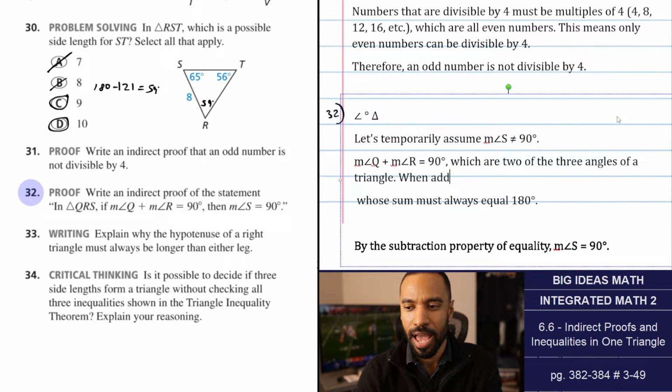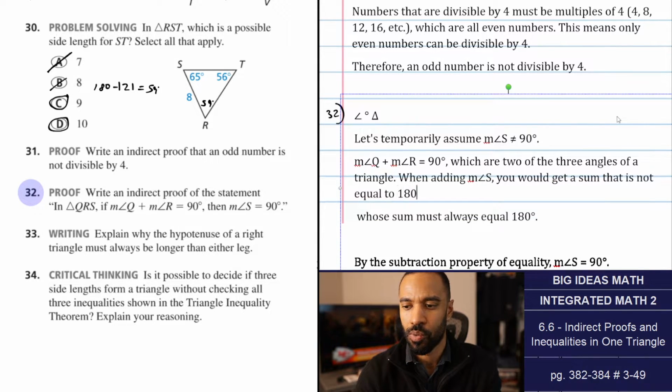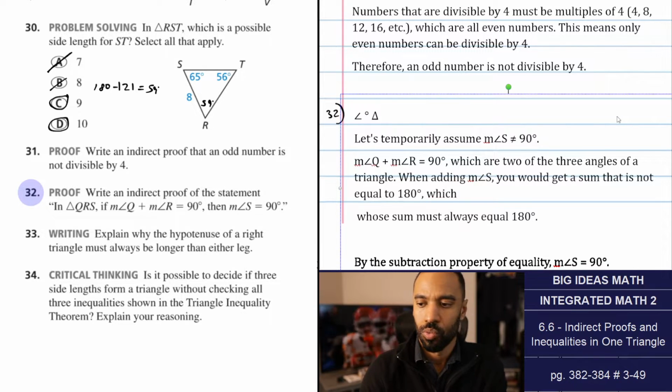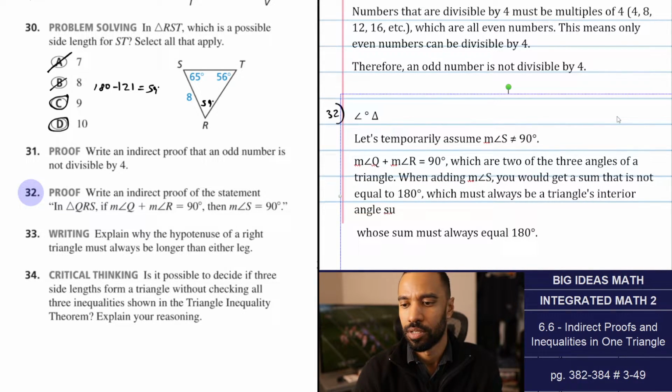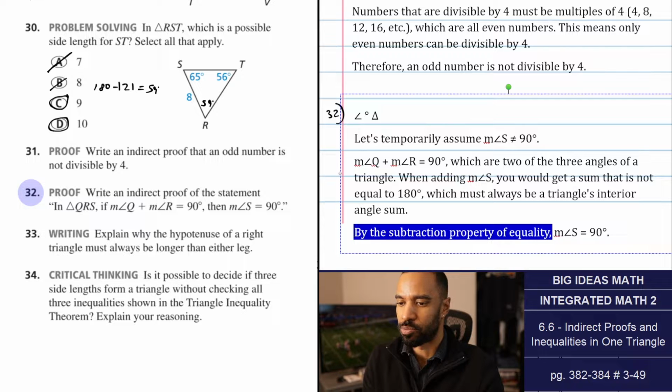When adding measure of angle S, sorry about this, when adding measure of angle S, you would get a sum that is not equal to 180 degrees, which must always be a triangle's interior angle sum. So, there we go. Therefore, measure of angle S must be 90 degrees.